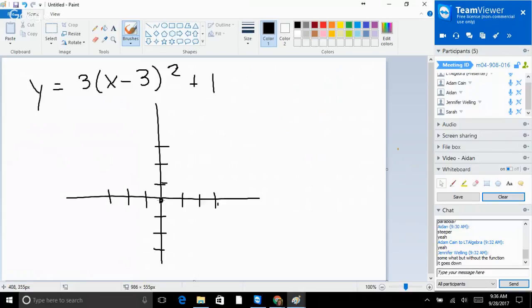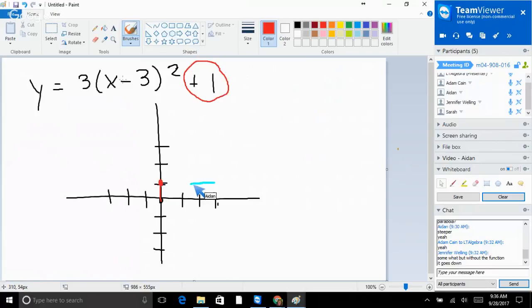All right. What do I know about this quadratic equation? I know it's plus 1 outside of my function. So that's going to shift up how many units? Up 1, right?